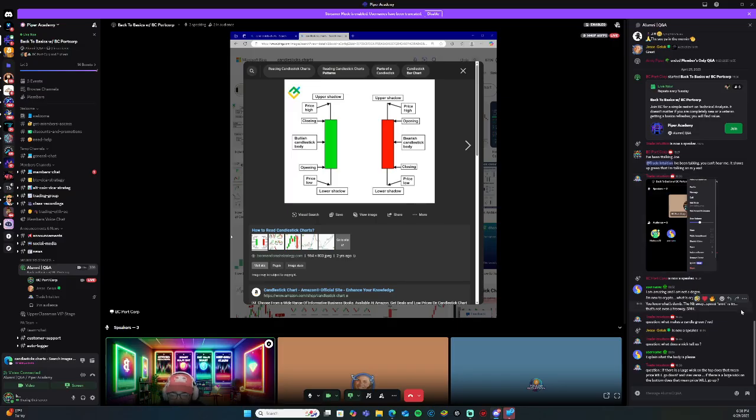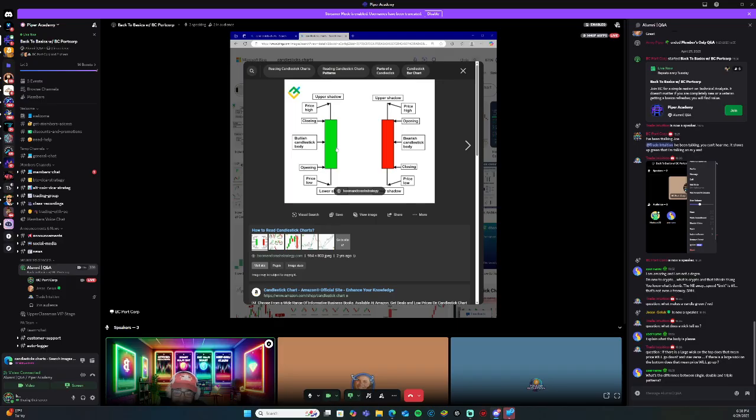I see a username saying, explain what the body is, please. The body is the prices between your open and close. That makes up your candle body, whereas the wicks are the prices outside of your open and close range.